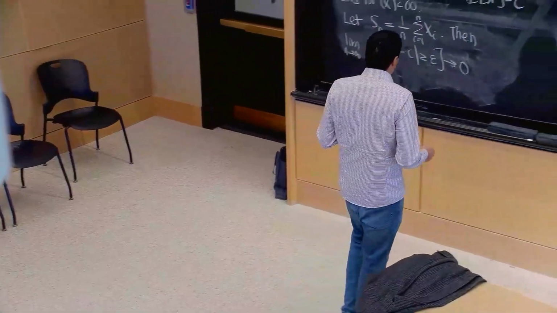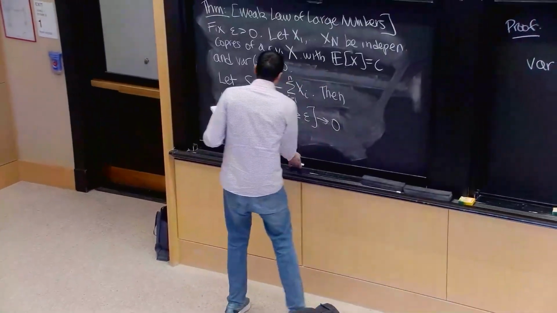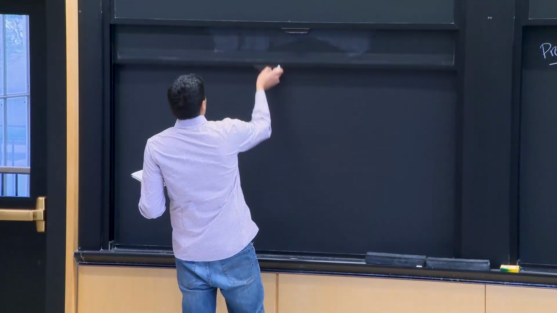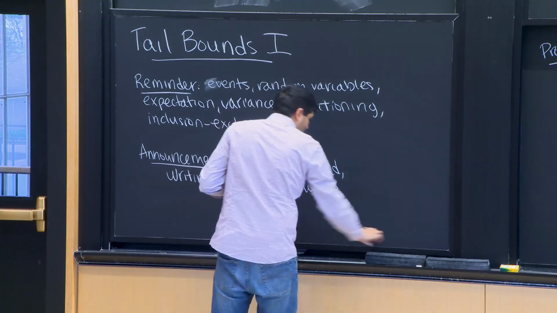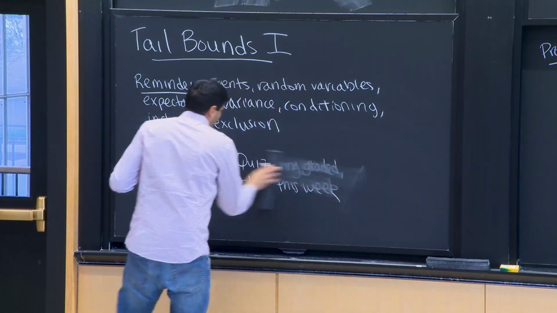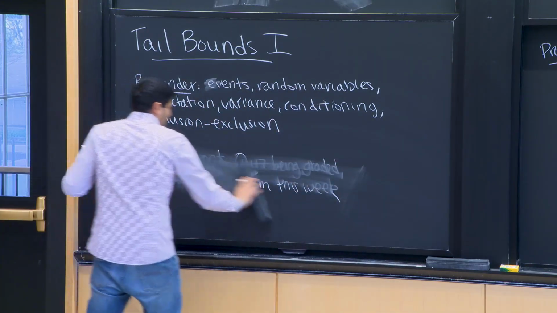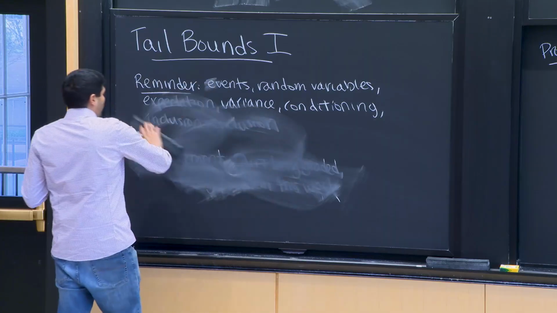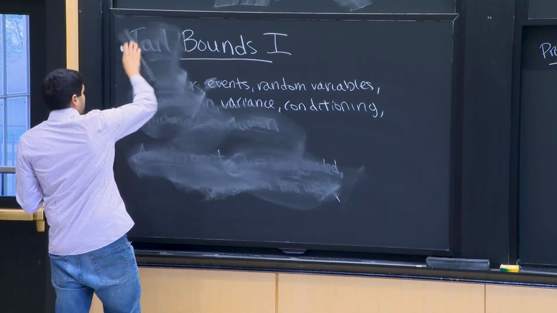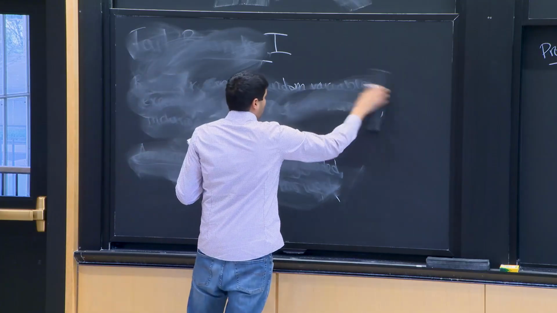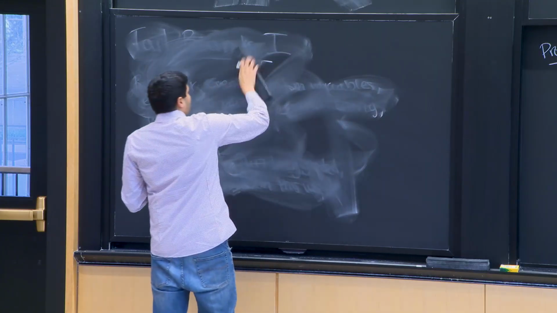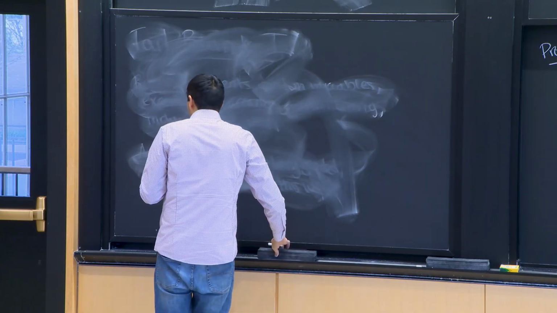Now, it turns out that the reason we care about these tail bounds isn't just for their own sake, but it really comes up in all kinds of applications in discrete math. So we'll see probability throughout some of the later units in class, but I want to give you a little bit of a hint about why we care about tail bounds, especially when it comes to algorithm design, okay?